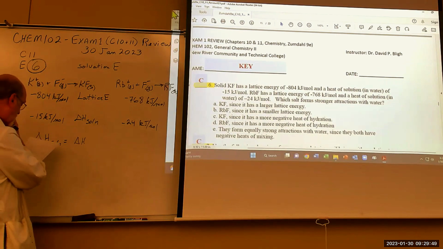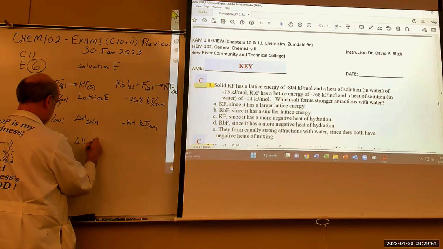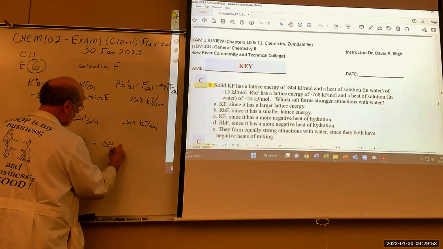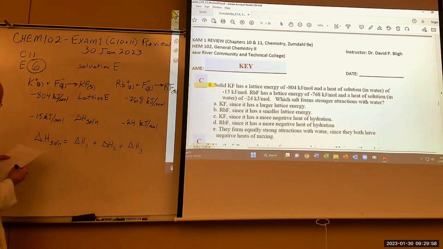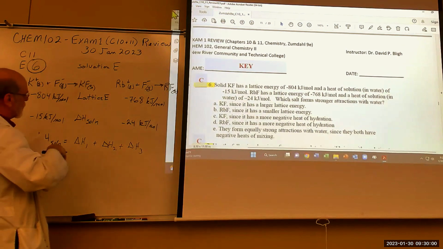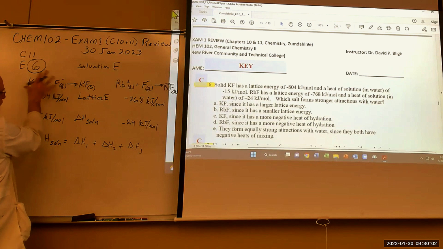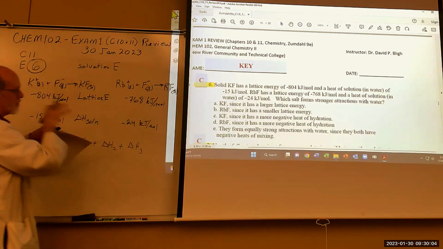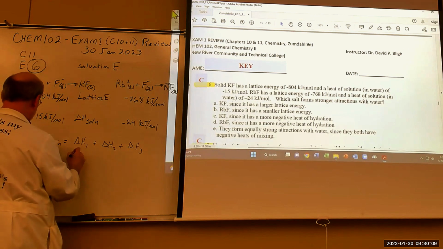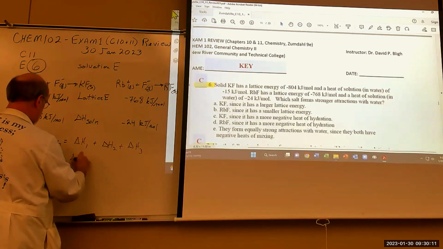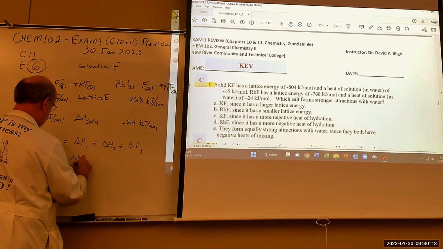The first part, let's do it this way first, because this is the way it shows up in the slides and in your textbook. So the first one, we've got to get these things apart, right? Break them apart into individual ions. This is the lattice energy.